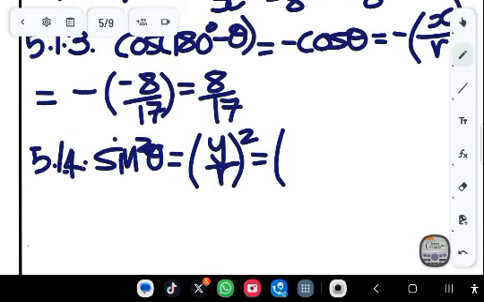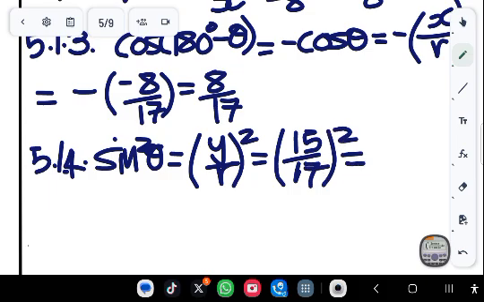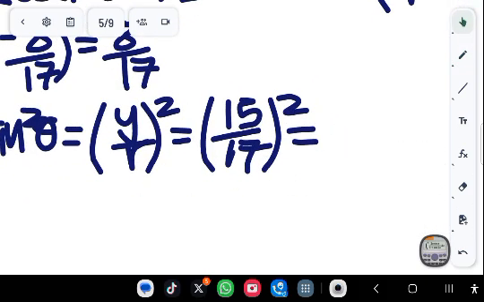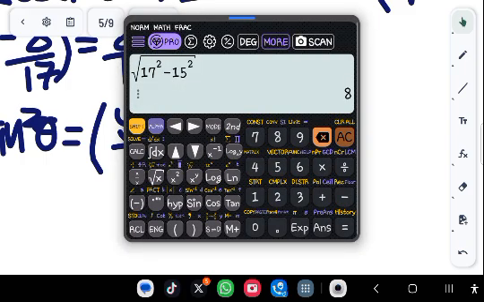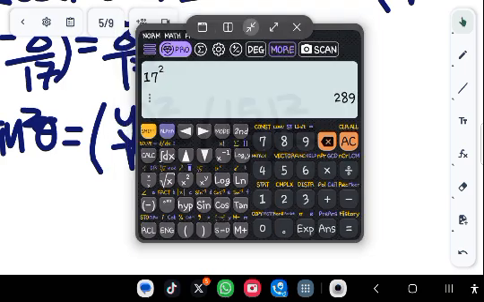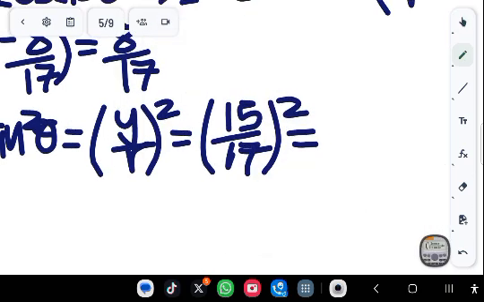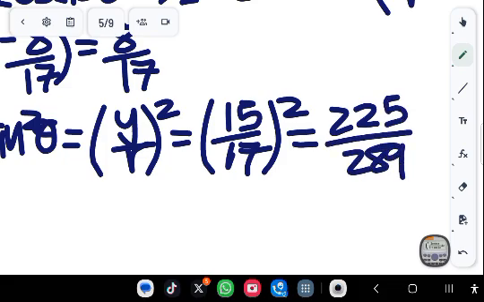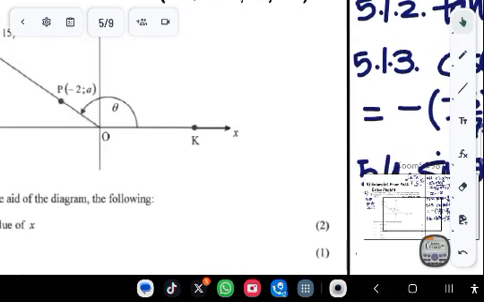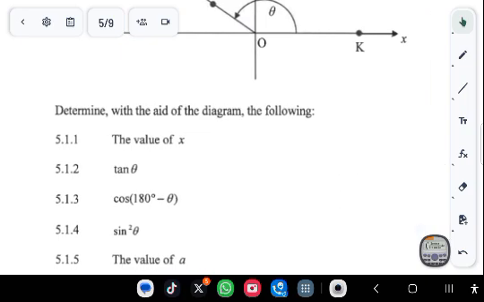So 15 over 17 all squared, and that is equal to, take out a calculator. 15 squared, that is 225. 17 all squared, so that will be 225 over 289, and you're done.